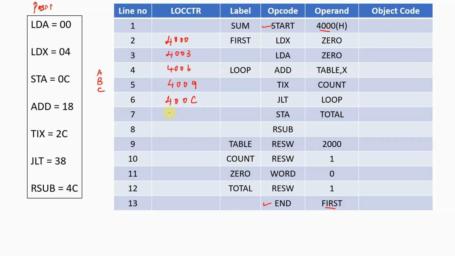After that again we have 400F, because D, E, F. Then after that we have 10, 11, 12, so we have the address 4012. The next instruction also takes 3 bytes, so we have 4015.